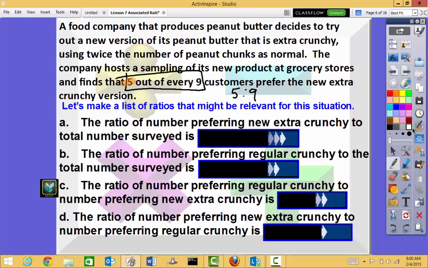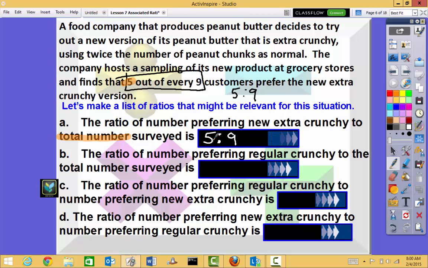So I'm going to start by putting 5, to, and now it's saying the total number. My total number is, as stated, out of every 9 customers. So 9 is my total. When they checked with 9 people, 5 preferred that.